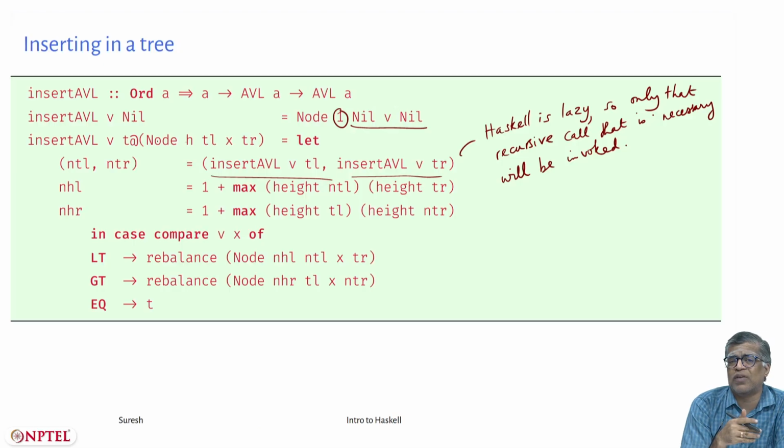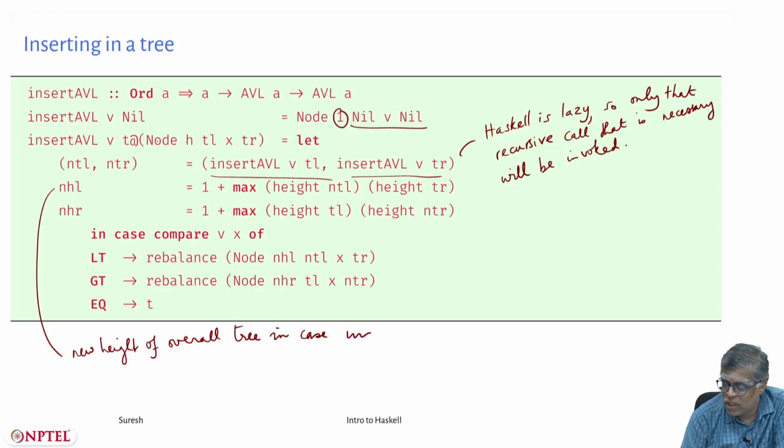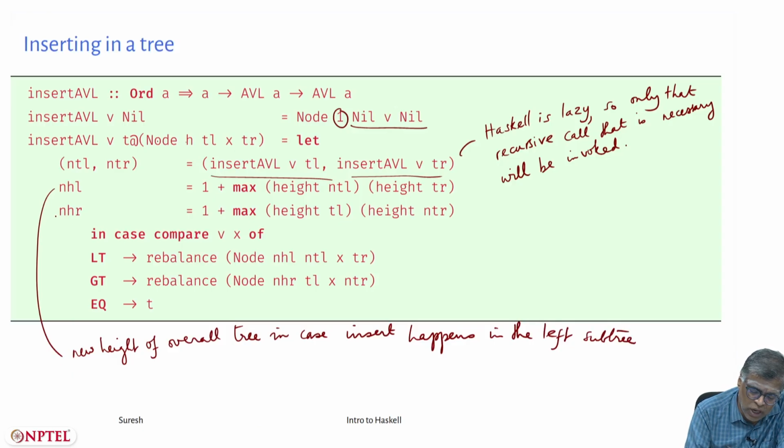NHL is the new height of the overall tree in case insert happens in the left subtree, and that is nothing but 1 plus max of height of the new tree on the left and height TR. Similarly for NHR.